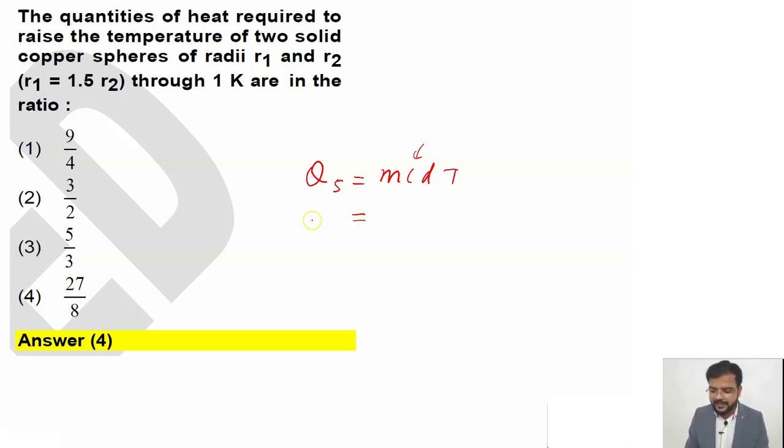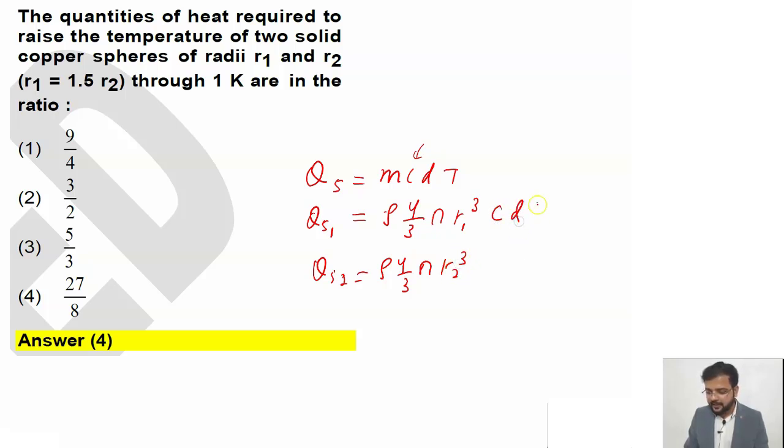So this can be written like this. Q1 equals, m can be written as density into volume. Volume is 4 by 3 pi r cubed, so rho times 4 by 3 pi R1 cubed times c dT. And Q2 for the second sphere is rho times 4 by 3 pi R2 cubed times c dT. This is equation 1 and equation 2.